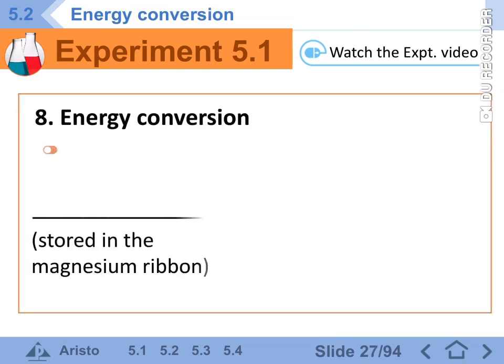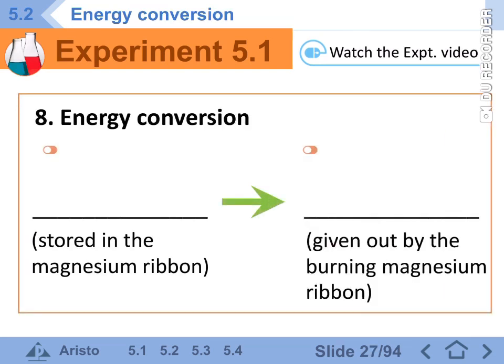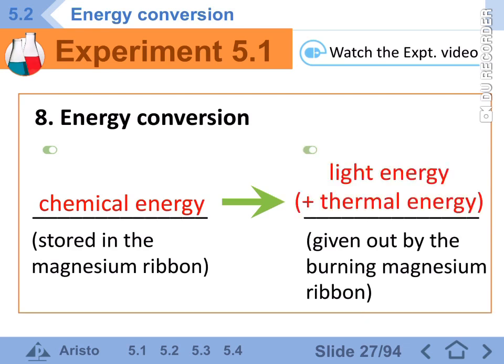So what is happening here? In number 1, what is being stored in the magnesium ribbon? Again, it's chemical energy. When you look at the magnesium on fire, you will see that light energy is being released. And yes, beware of that. It's actually extremely hot.